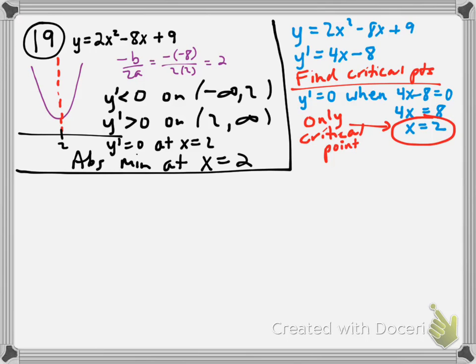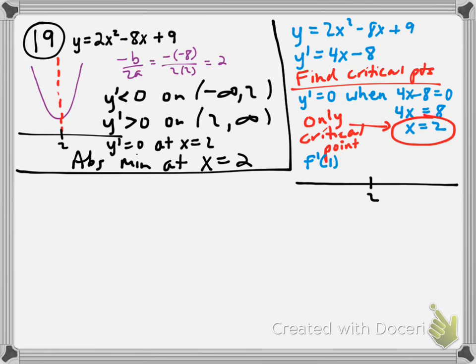Well, what has to happen at that critical point? Well, that's a good question. What has to happen at that critical point is that f prime has to change from positive to negative or from negative to positive. And if it changes sign, then we have a max or a min. Well, let's go ahead and test this out.